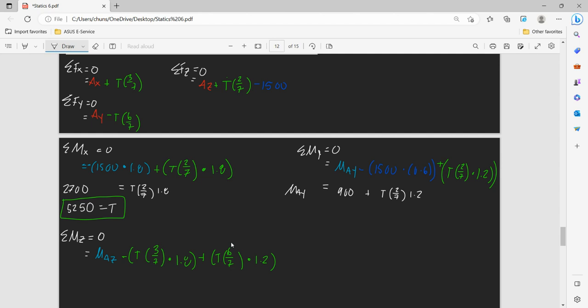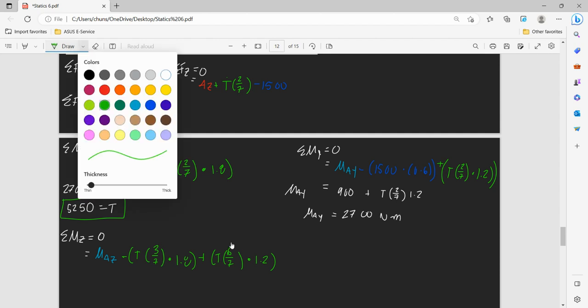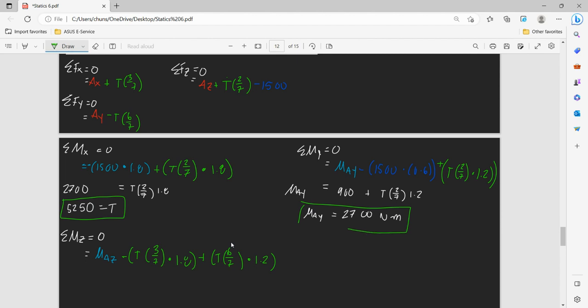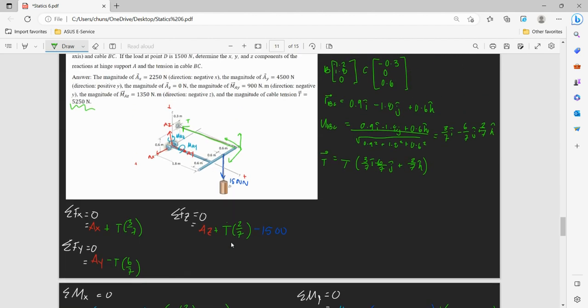Okay, and we know our value for T. So this is 900 plus our value for T is 5,250, and that's times 2 over 7, and that is also times 1.2. This is equal to 2,700 Newton meters for our moment AY.